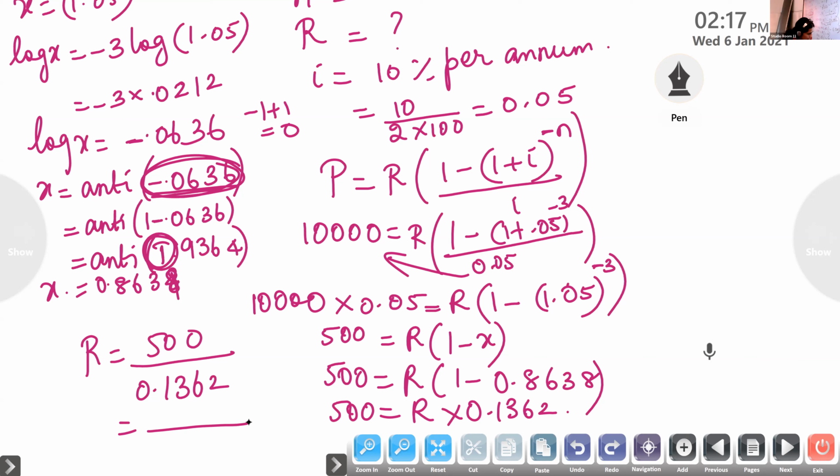Children, what you have to do is, after this class, try this question once again. Take the log table and check whether you are able to find the log value. Are you able to use the anti-log table? Go through it and find out how to take log and anti-log.